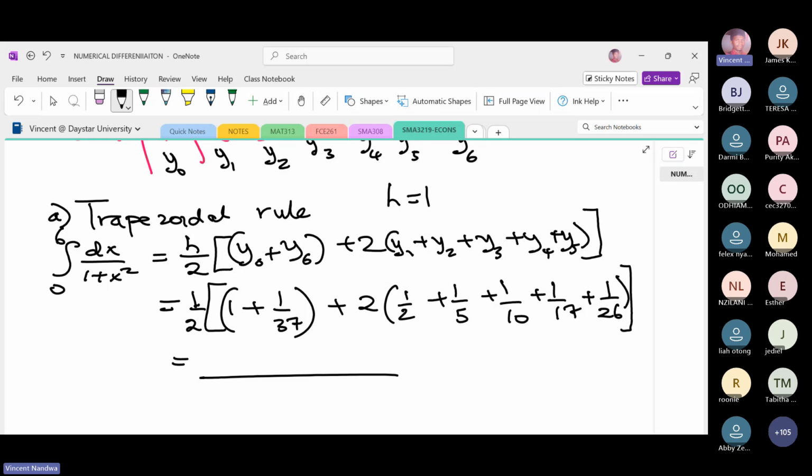Okay, the sum of those fractions, multiply by 2, then add the answer to the sum of the two endpoints, multiply by half.